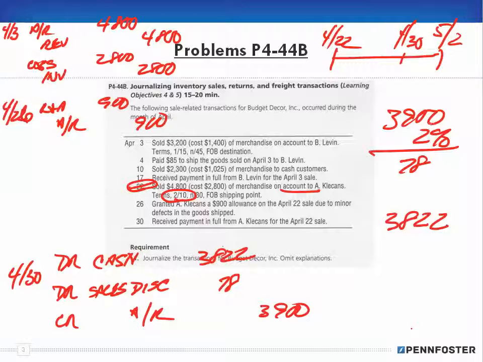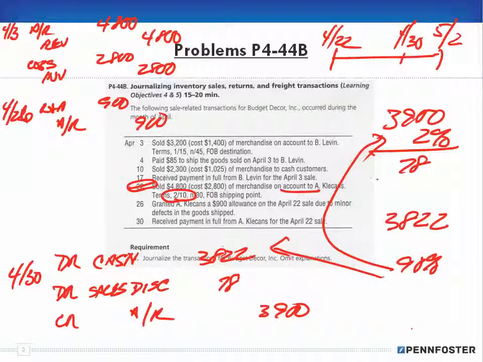Again, I could take 100% less 2%, which is 98%, of 3,900 to get the amount of cash. Or, like I just did, take the 3,900, find my discount of 2%, and then subtract. The difference between those two numbers is how much my cash is going to be, because my debits have to equal my credits.